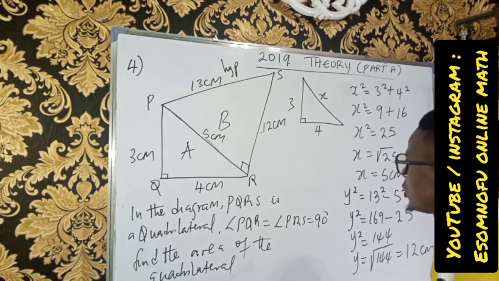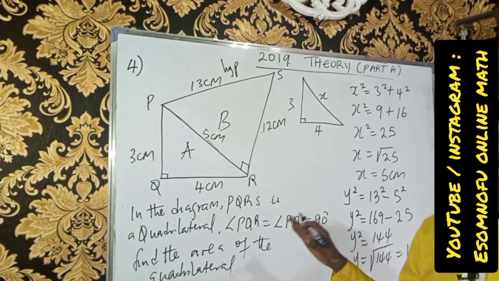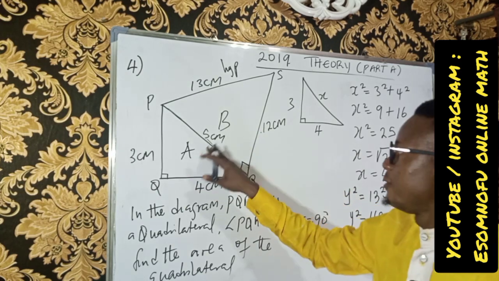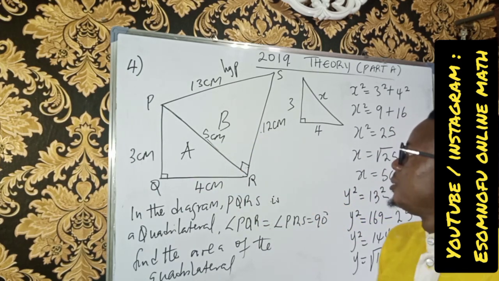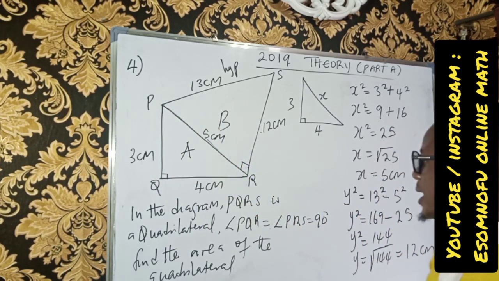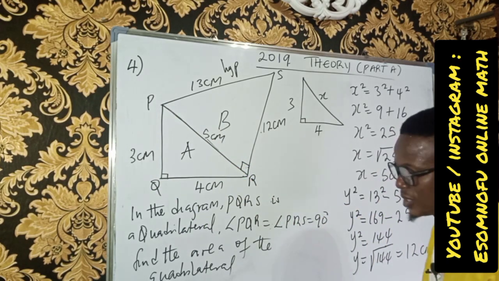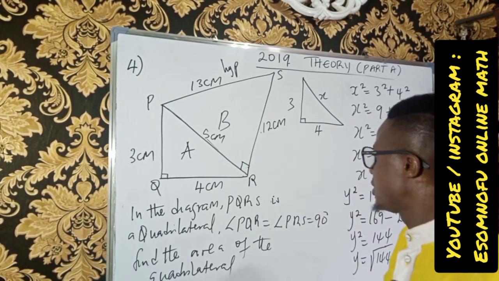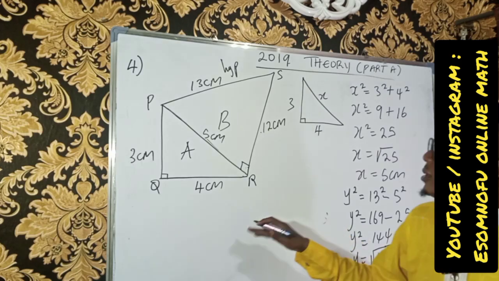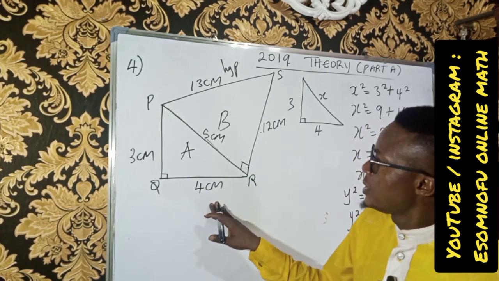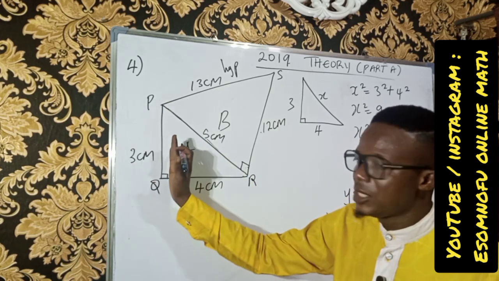We've not actually done what we are to do, because we need to get the area of the triangles one after the other. But this particular triangle, we know the height. It is upright. This is the height. And since we know the height, we can easily use the formula half base times height to get the area of this given triangle. Alright, so let us first of all get the area of this triangle A. It is a right angle triangle and you know the height already.